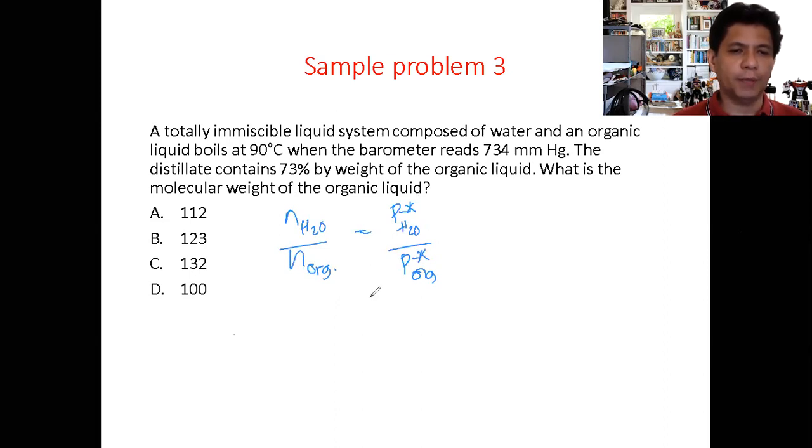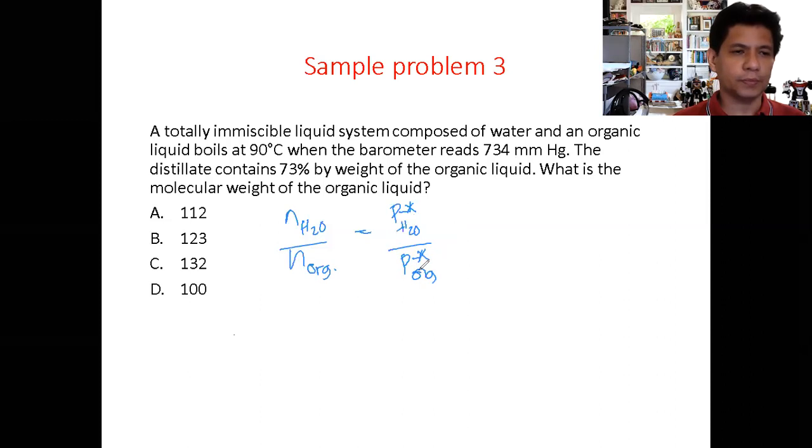In this problem, in order to find the vapor pressure of organic liquid, after finding the vapor pressure of water from the steam table, you just subtract that from 734 and then you'll be able to find the vapor pressure of organic.